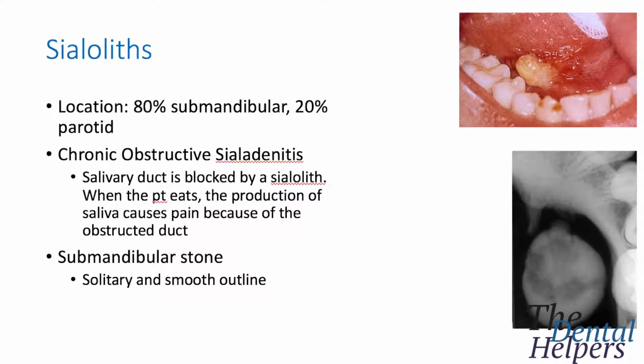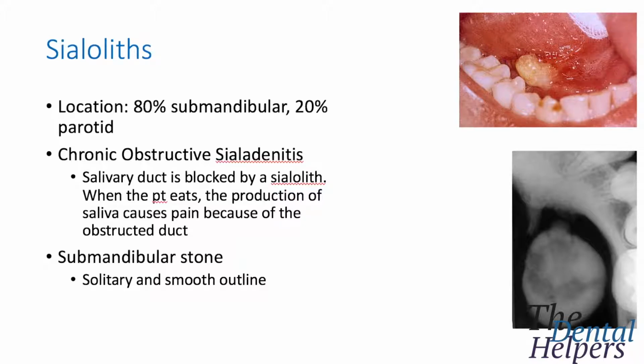While if we're looking at Wharton's duct in the submandibular gland, this duct is going to have to first move its way up against gravity, and then from there it goes around the mylohyoid muscle to finally eject the saliva outside of the submandibular gland. What that means is it's a longer path. So as a result, calcifications can stay there and slowly form these kind of hard masses.